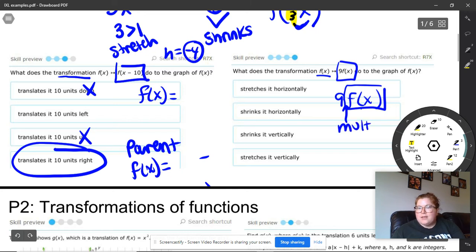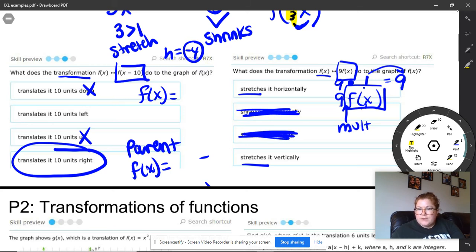So if I'm taking a random number, let's say the input of f is 1, and I'm multiplying it by 9, then I know my answer is going to get much bigger, which is 9. So every time I take an input and multiply by 9, I am going to be stretching. I know that I'm not shrinking because my answer went from 1 to 9. So it cannot be shrinking at all, so I'm going to throw those two out.